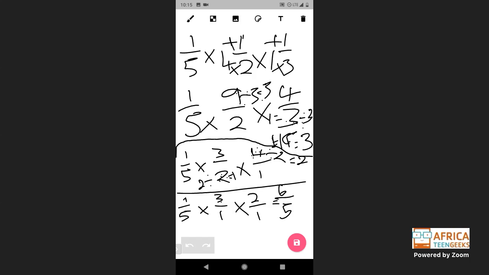And then again, can we simplify this? It can't be simplified, but it is an improper fraction. An improper fraction, we can make it a mixed fraction. And a mixed fraction is a combination of a natural number or a whole number and a proper fraction.